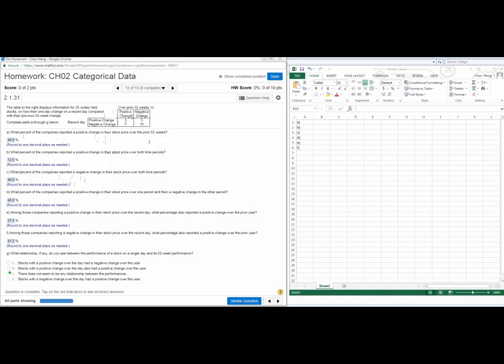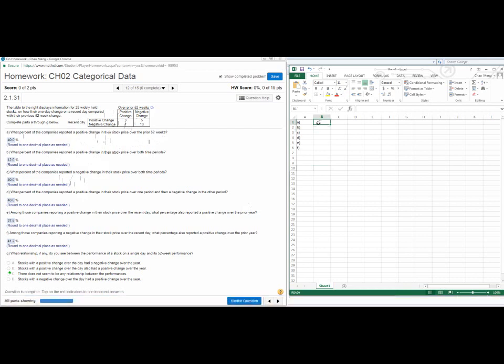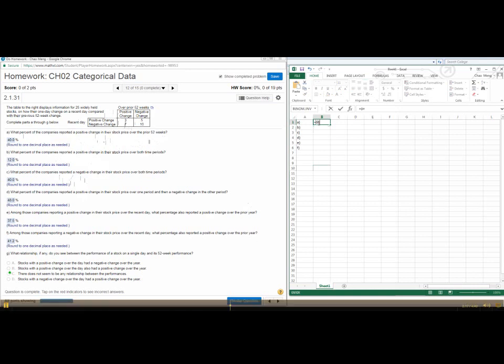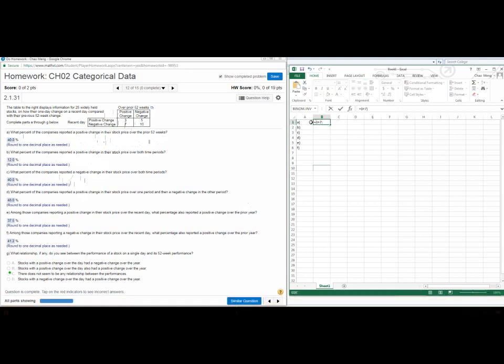We need to count how many companies there are for this positive change. So we get a 3 and a 7. If we look at the Excel, that's going to be 3 plus 7. That's the total number of companies who reported a positive change in the prior 52 weeks.